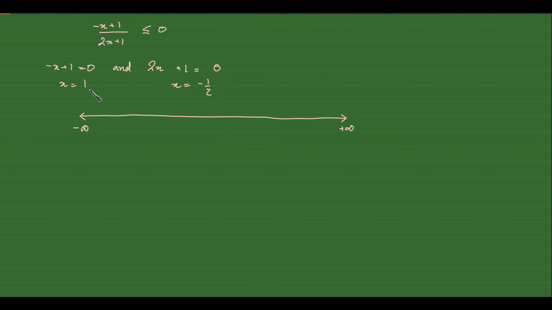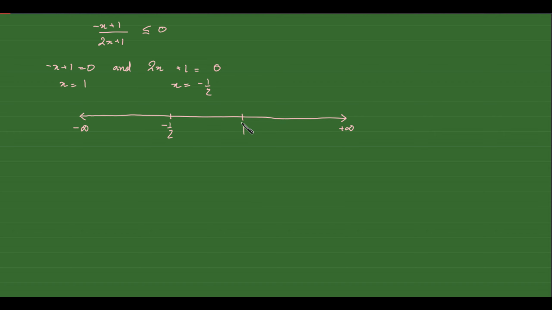You just need to know that we have two values, and negative a half is on this side. It must be on the left hand side of 1, right? So you just kind of estimate. As long as the order is good on the number line, it's okay. Because negative half must be on the left hand side of 1. If you put negative half on the right hand side of 1, it will be wrong.